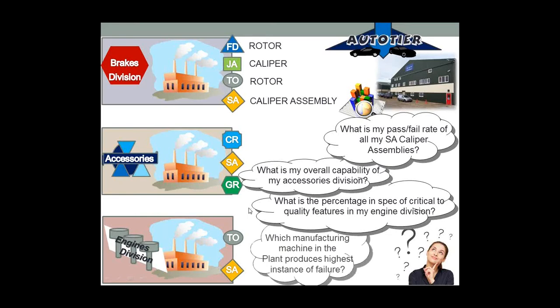Once the data is collected, we can also slice and dice the data from a different angle and say which manufacturing machine in the plant is the cause for the highest instance of failure. So we can look at the data running through multiple machines and create a dashboard from the machine point of view, so that you get an idea of which machine is contributing to the highest number of failures.